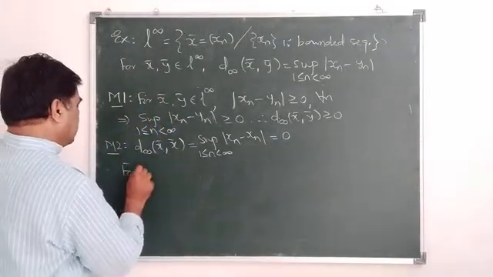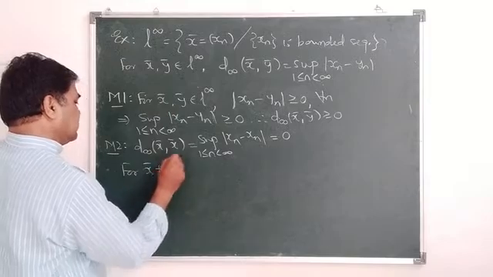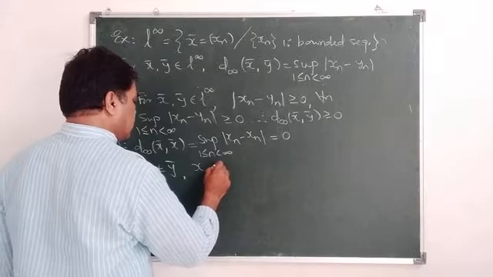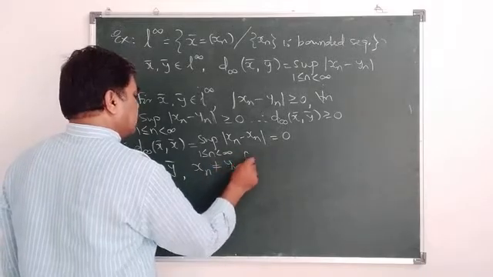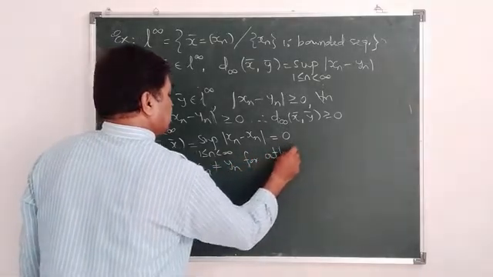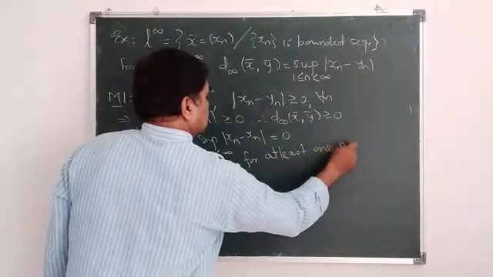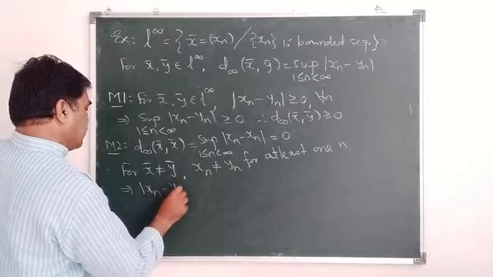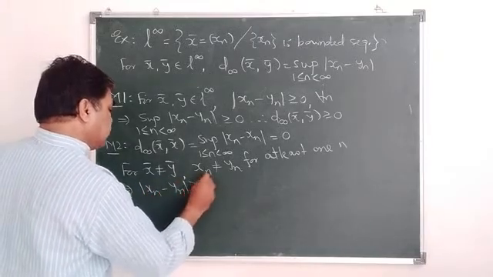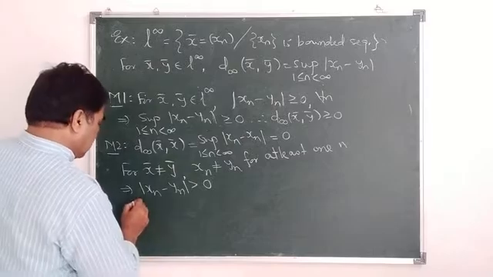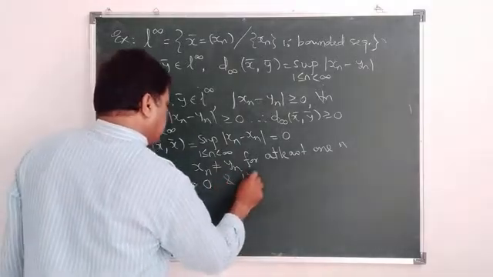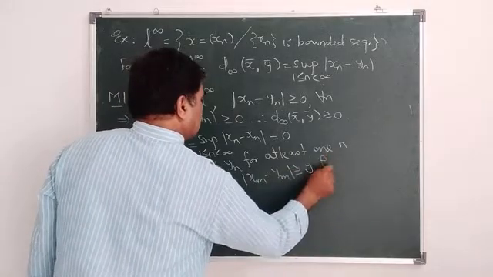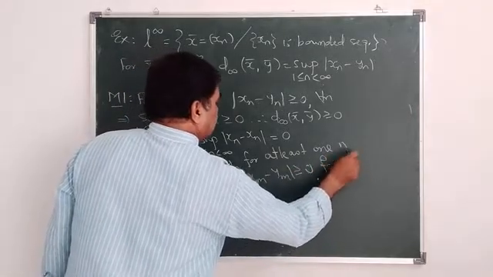For x bar not equal to y bar sequence, xn is not equal to yn for at least one n. Implies mod of xn minus yn greater than 0 and mod of xm minus ym greater equal 0 for all m.